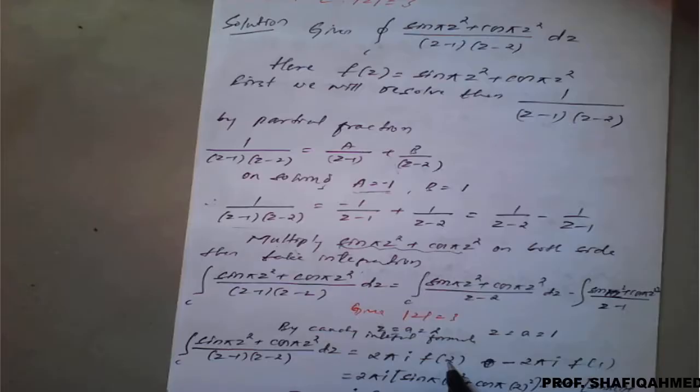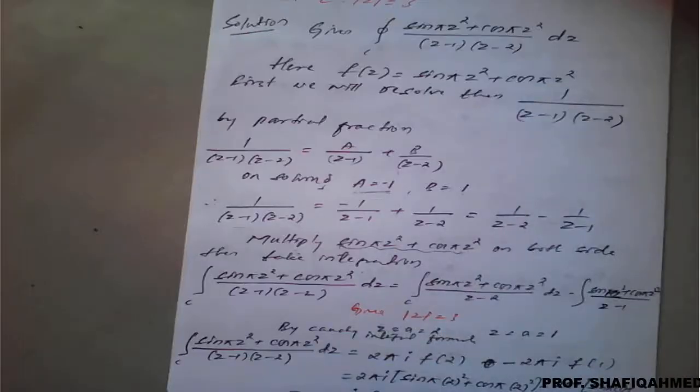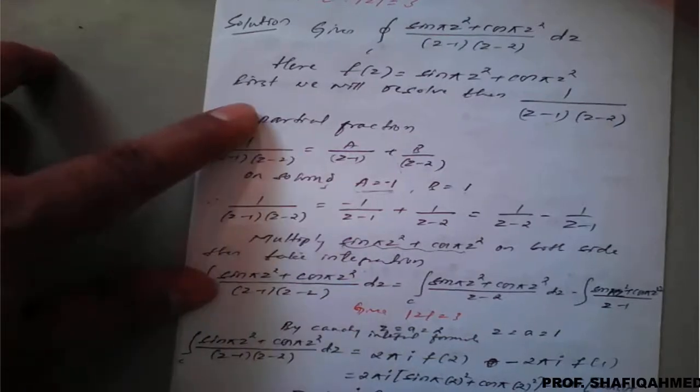Replace z = 2 to get sin π2² + cos π2², and similarly replace z = 1 for the second integral. On simplifying both, we finally get 4πi. One of the very important examples from the examination point of view.